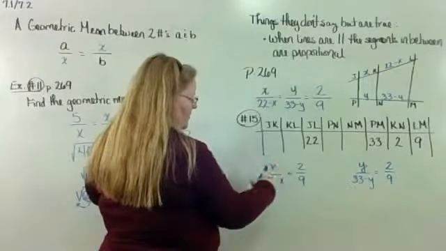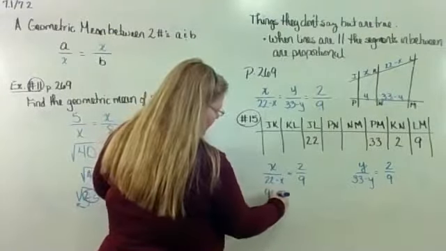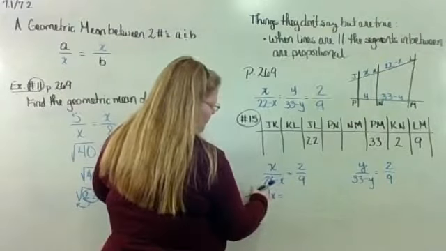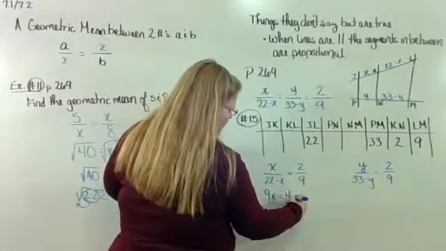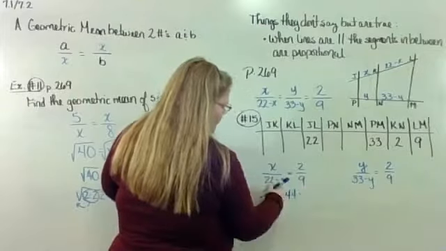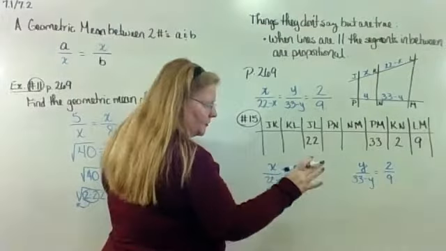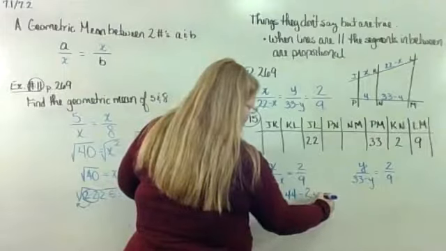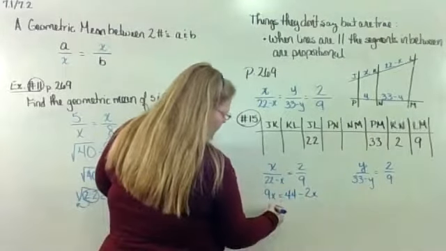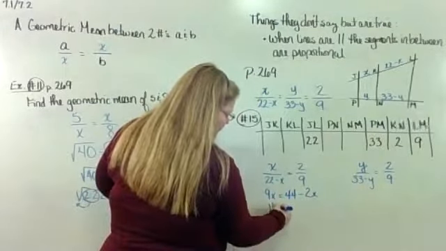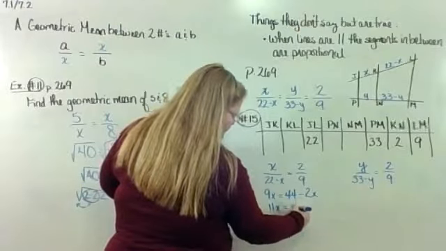When I do my cross multiplying over here, I get 9x is equal to 22 times 2, which is 44, minus x times 2, because you've got the distributive property, which is 2x. Adding 2x to both sides, I get 11x is equal to 44.